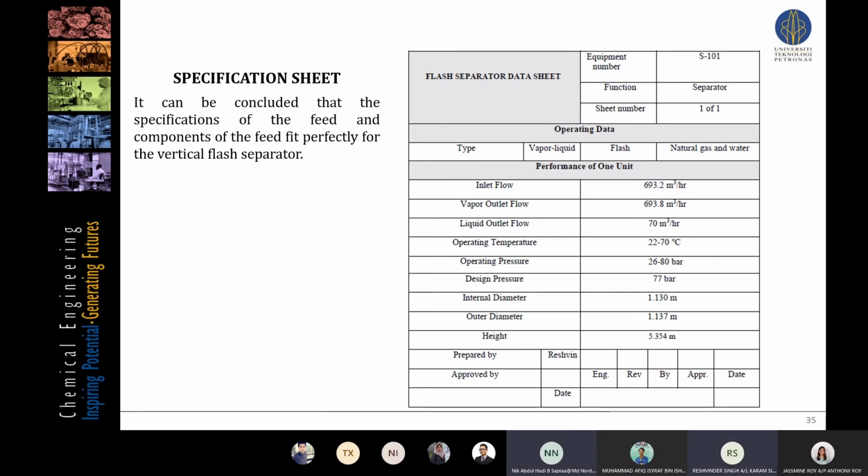Yes. Liquid hold up is 2.32 meter cube. Gas hold up? Gas hold up is the rest of the vessel. Only the liquid was calculated, the gas fills up the rest. So I'm only focusing on the hold up volume of the liquid.